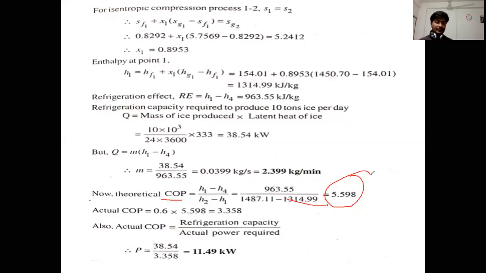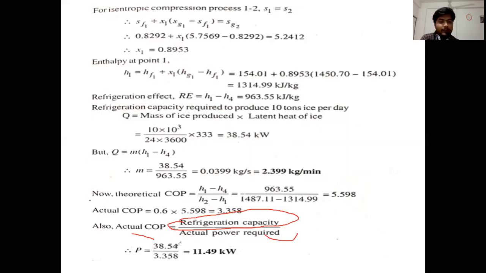Okay. So actual COP in the numerical, given that the actual COP is equal to 60% of ideal COP. So put the value and we get 3.358 actual COP of the system. Now, if actual COP is known and refrigeration capacity is known, we calculate the actual power required for the compressor.